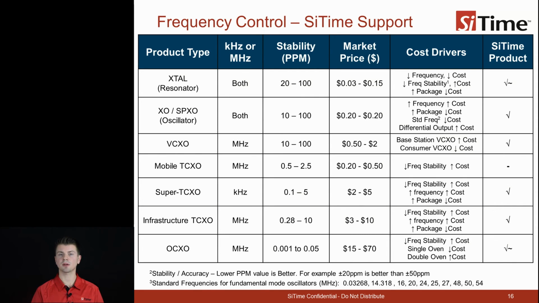This is due to extra processing that is required for smaller crystals to reduce the motional impedance. Without this extra processing, which usually involves beveling the edges into a more rounded shape to create an energy trap, the motional impedance would be so high that the oscillator circuits would not start up. The extra processing time for smaller quartz blanks costs money and is not totally offset by lower material cost for smaller packages.